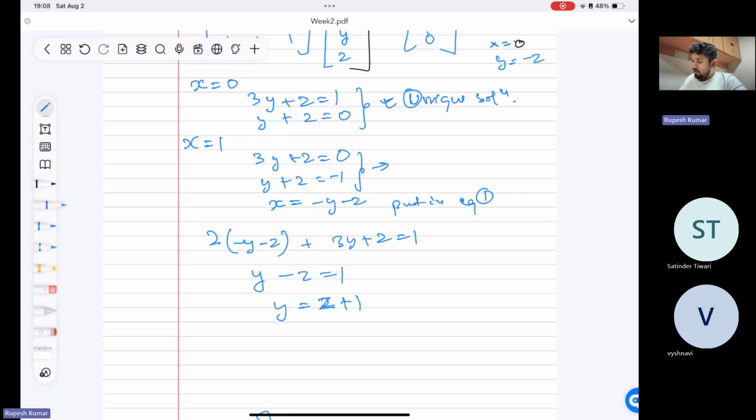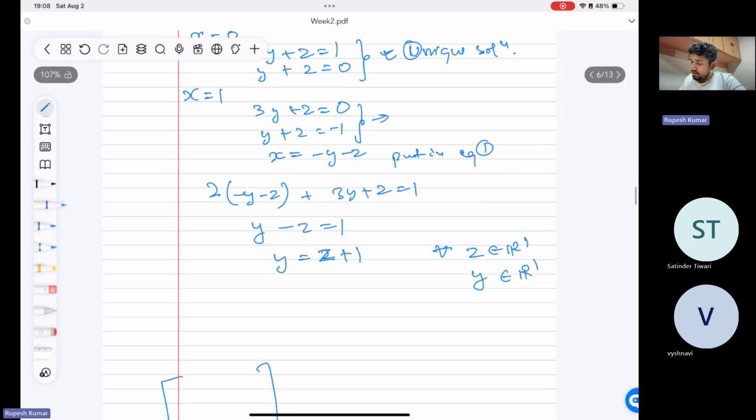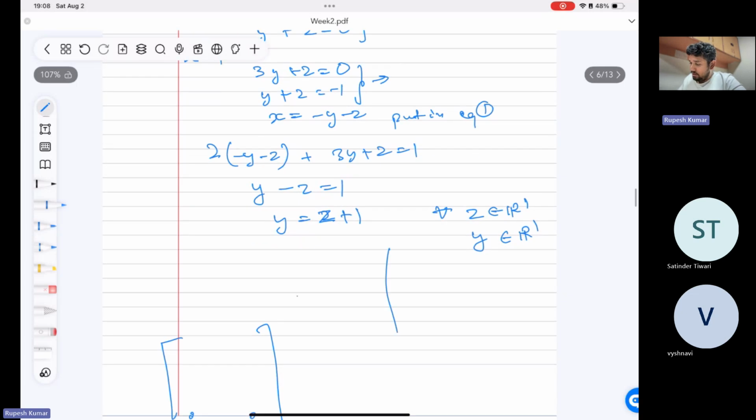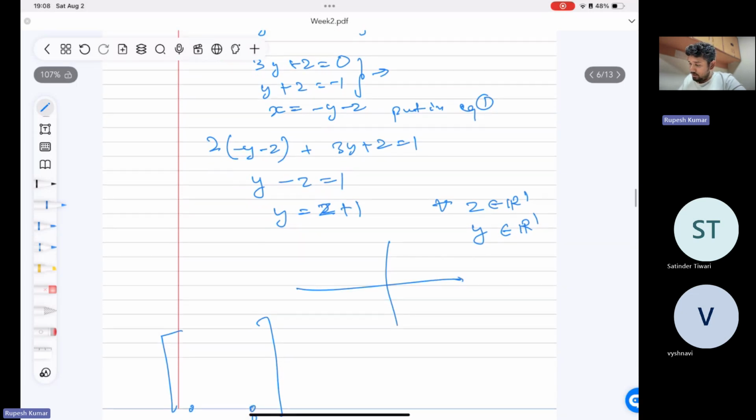So now for all z belonging to real numbers and y belonging to real numbers, this is a line. y equals z plus 1 is a line. You choose this axis as y, this as z. Put z equals 0, y is 1. Put y equals 0, z is minus 1. So this is this line, and there are infinite possible values that satisfy this relation.